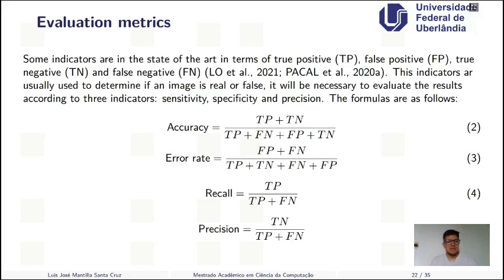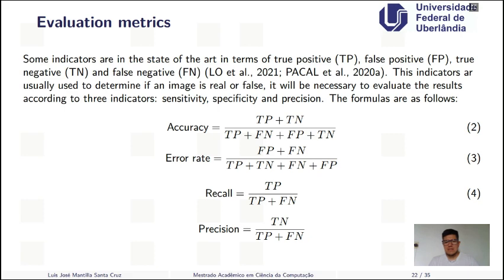Evaluation metrics. These are small building blocks that we will use to measure the results. Well, we have the true positives, false positives, true negatives, false negatives. These small blocks we can use to calculate more interesting measures or metrics such as sensitivity, specificity, precision, accuracy, error rate, recall.